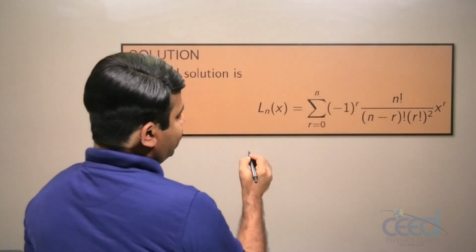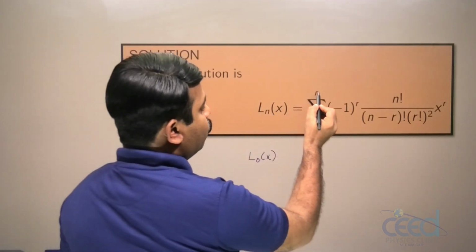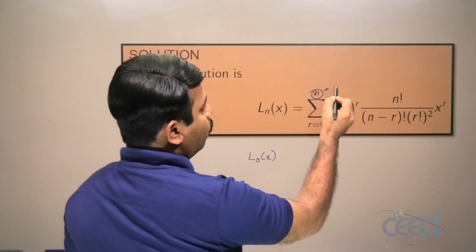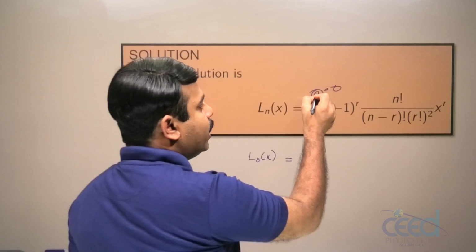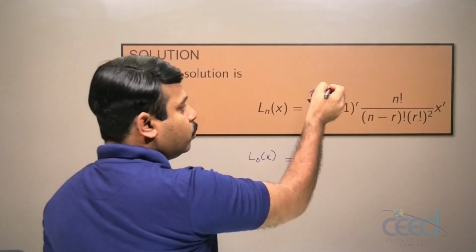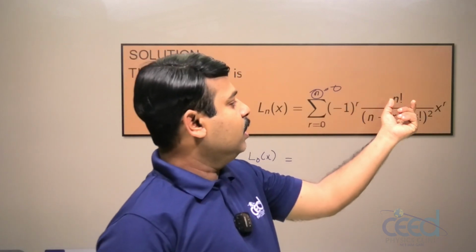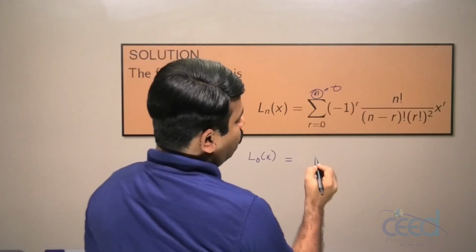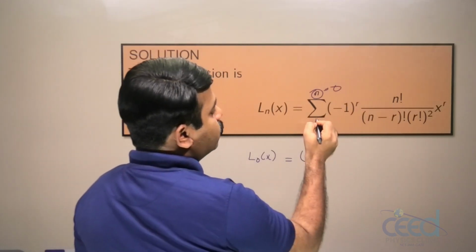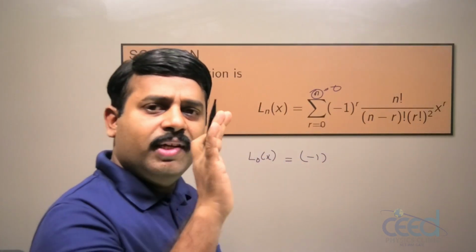L0 of x means n is equal to 0, you put 0 here. Then sigma r equals 0 to n means r equals 0 to 0, that means only one value. n is already 0, and r also varies from 0 to 0, so only the 0 value.